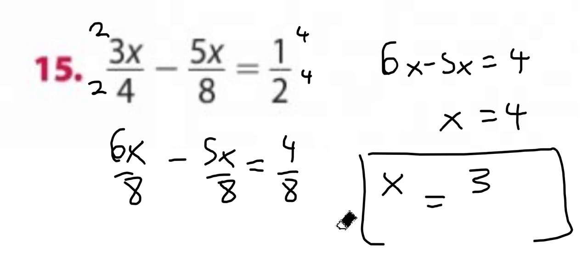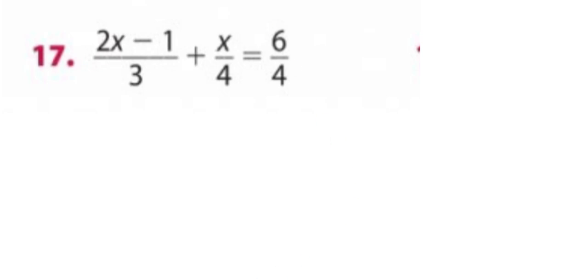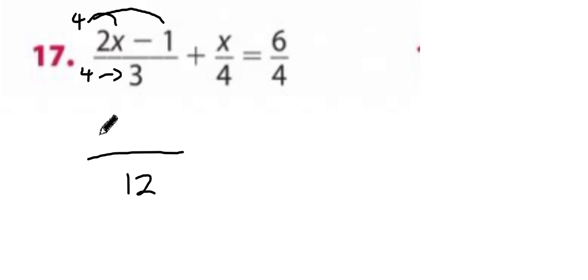Okay. Now, did everybody use 12s? Has everybody written a small 4 top and bottom? 4 multiplied by 3, 12. But 4 has to multiply on top as well. So what do we get? 8x minus 4. There we get 8x minus 4.